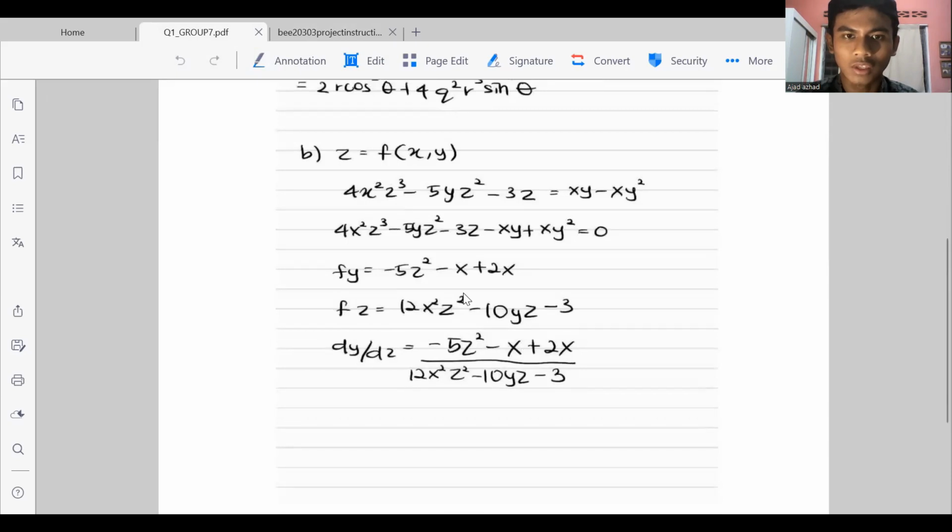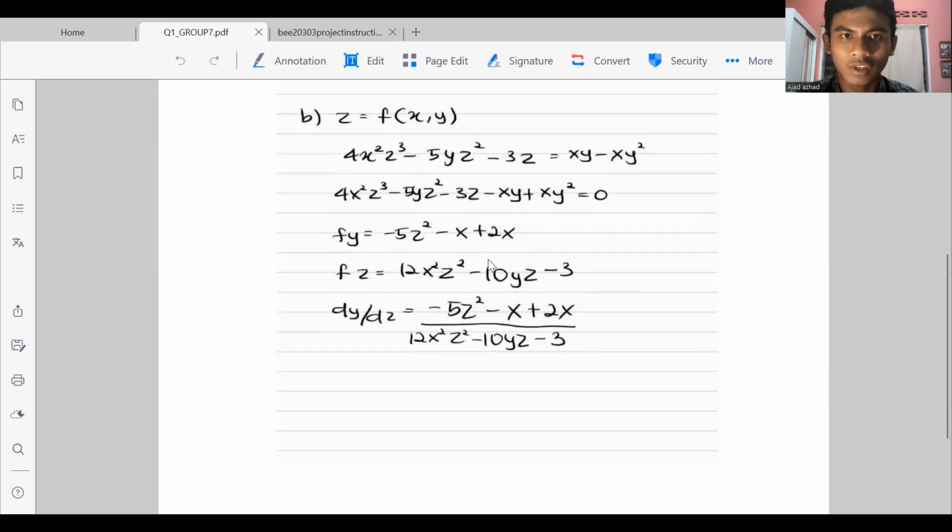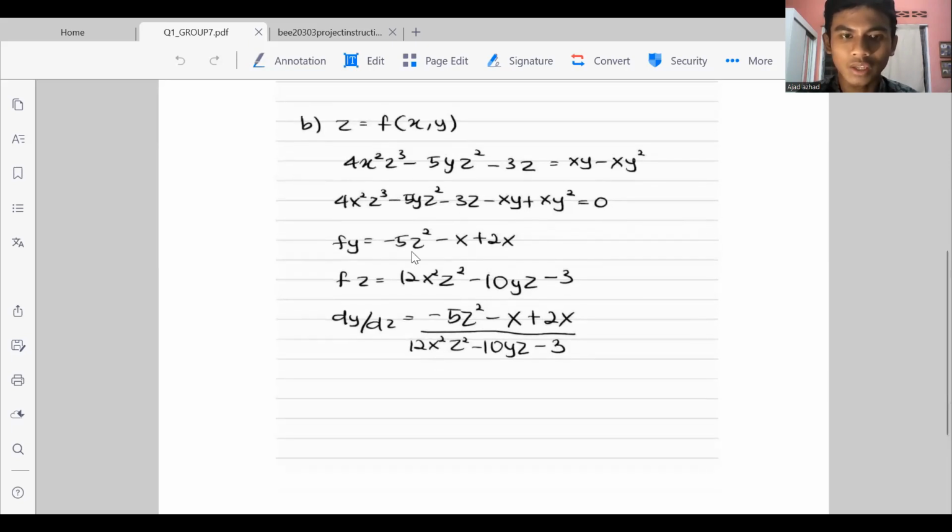After that, we need to divide into two parts, which is y with y and z with z. Finally, we can get the answer by differentiating dy over dz, and we will get the answer, which is negative 5z squared minus x plus 2x divided by 12x squared z squared minus 10yz minus 2.